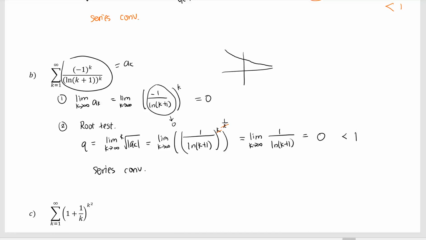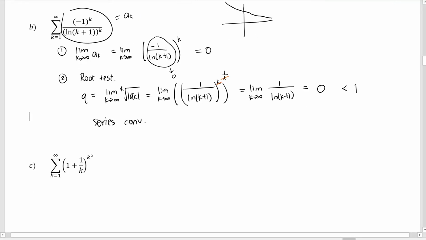If q is greater than 1, the series diverges. If q is less than 1, the series converges. But for the divergence test, as long as the limit is not 0, it diverges. So try to compare them and not confuse the different numbers.